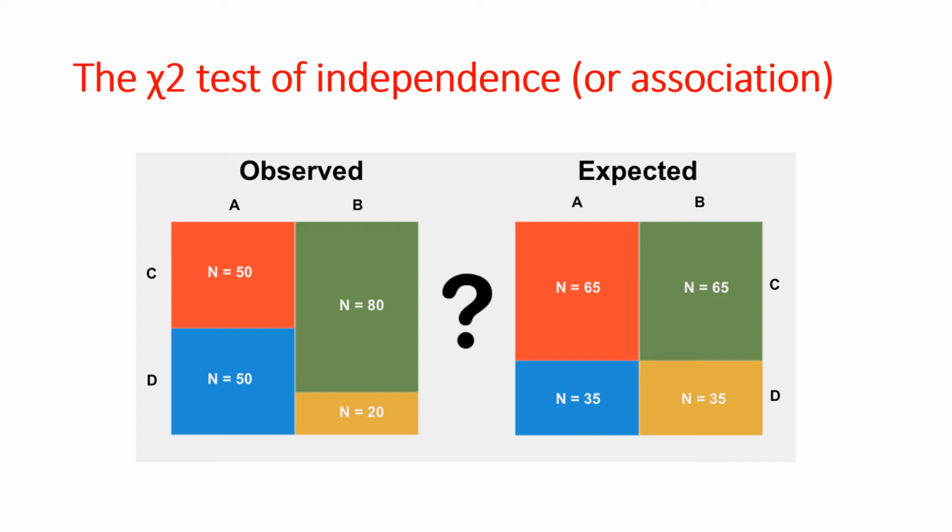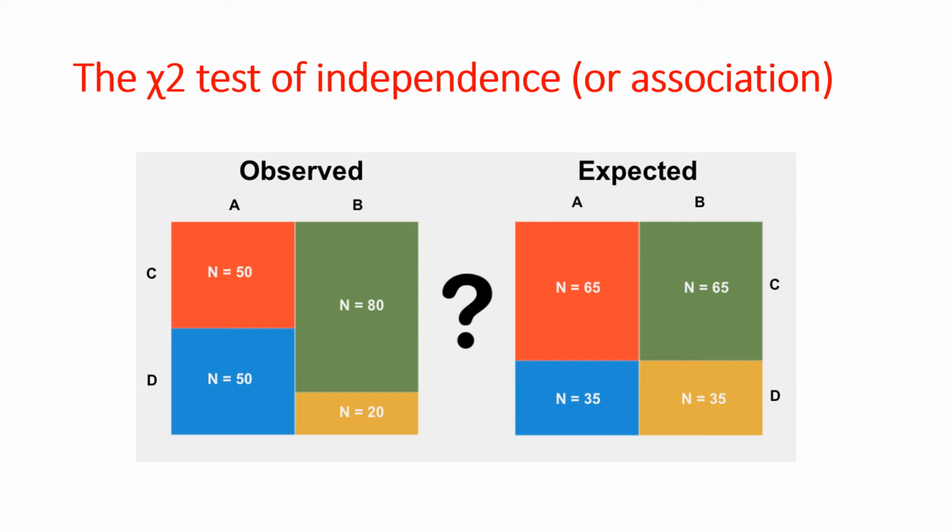So like any other test, if we want to do null hypothesis testing, we need to have a null hypothesis first. So our null hypothesis is that the level of stress is not related to recovery success in this sample.